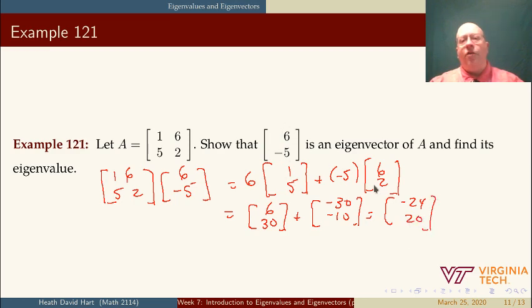This vector and this vector are multiples of each other. This is negative 4 times the original vector. And so we transform this vector, and the new vector is an exact multiple of the vector we started with. And so the eigenvalue in this case is negative 4.